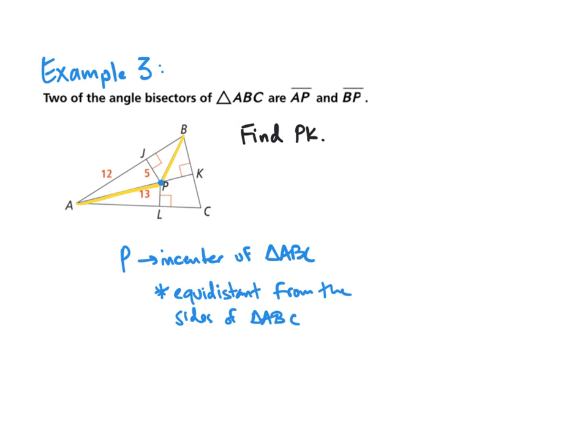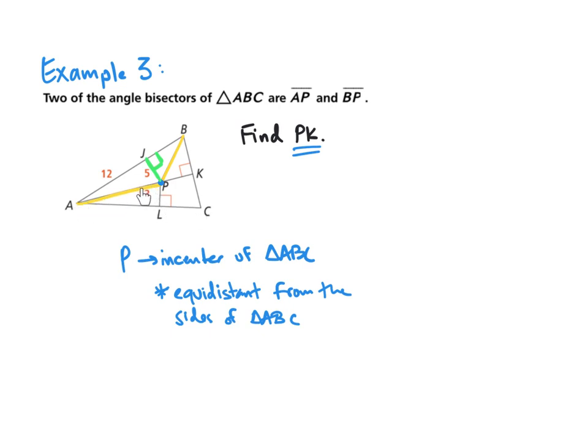So the first thing it's asking us is to find the length of PK. Well, if I look at where point P is, I see that from P to J, that segment is perpendicular to segment AB. Now angle BAC is one of the angles that got bisected, right?